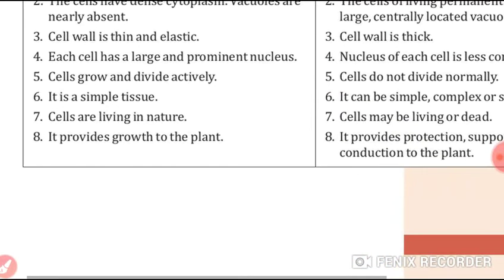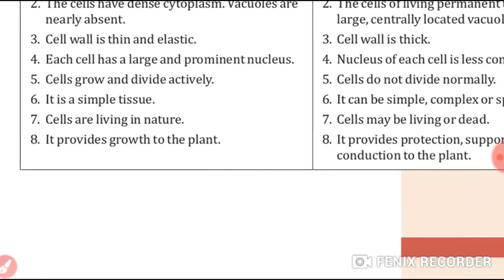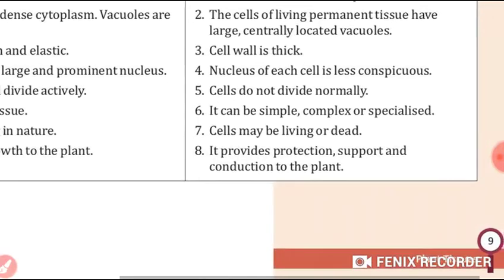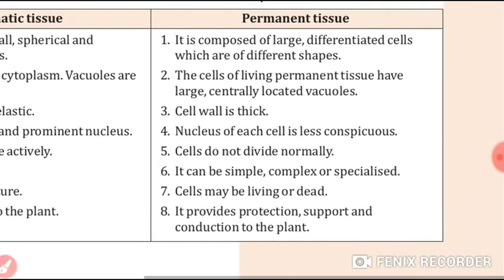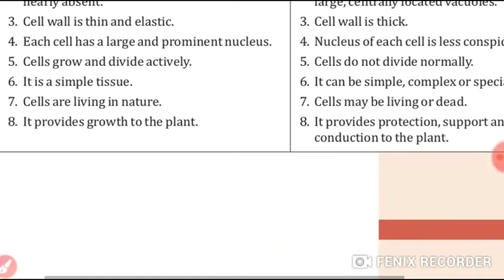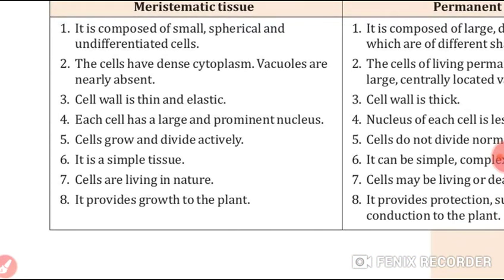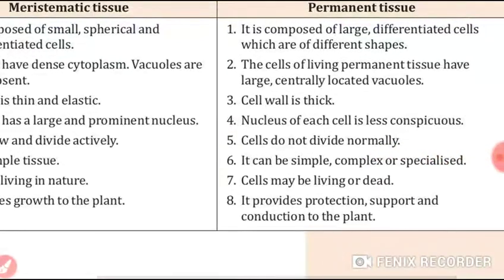In meristematic tissues, each cell has a large and prominent nucleus, while in permanent tissue the nucleus of each cell is less conspicuous. Cells grow and divide actively in meristematic tissue, while cells do not divide normally in permanent tissue.